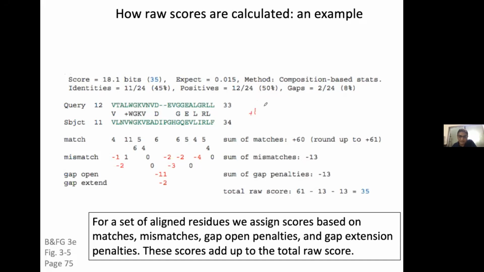If there is a mismatch, you can provide a score of 0, and if there is a gap, you can provide -12 and a gap extension of -1, something like that. So here you can find the sum of matches is 60, the sum of mismatches is -13, and for the gaps you provide the penalty. So the total score is 35. So the similarity score between these two is 35.